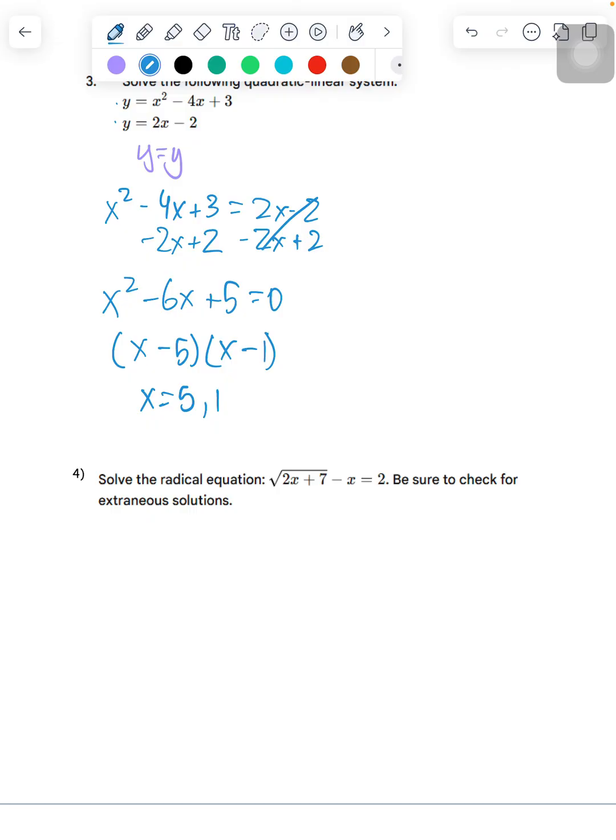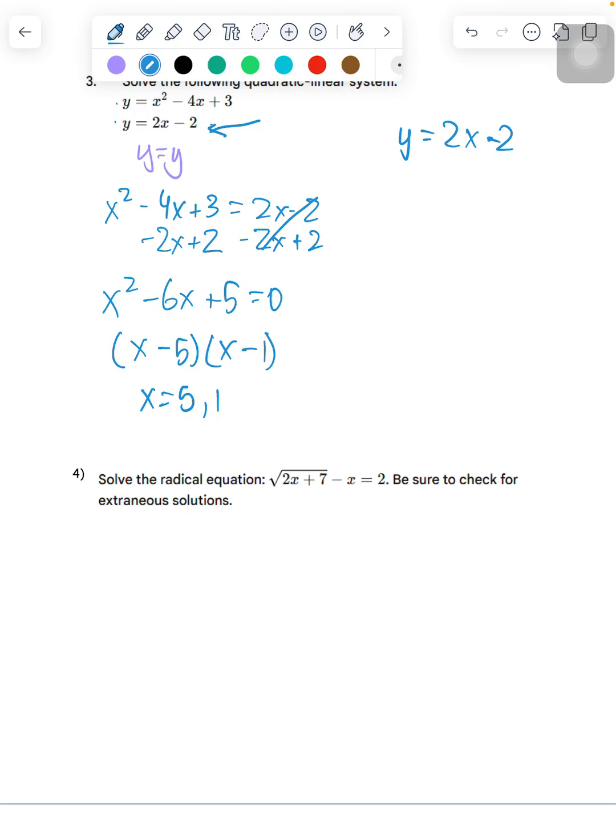I have my x's, but I want to find my y. So I'm going to plug these numbers into this equation that they give us right here, right? So I'm going to set 2x minus 2. And remember, quadratic linear systems, I want to find a set of coordinates that gives us the solution, which just means when the two equations intersect each other in the graph.